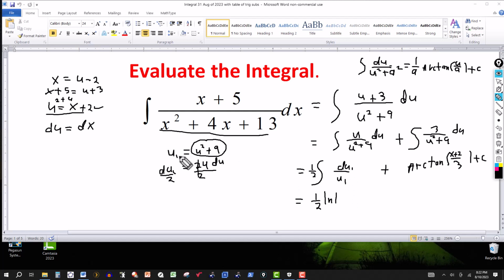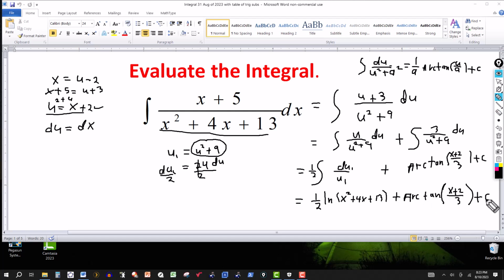But like I said, u1 is u squared plus 9, and u squared plus 9 is x squared plus 4x plus 13. And you can check this, but this is always going to be positive. This is a parabola that opens up. It's above the x-axis, so we can go ahead and leave the absolute values off. And this one we just bring down. So this is our final answer then.